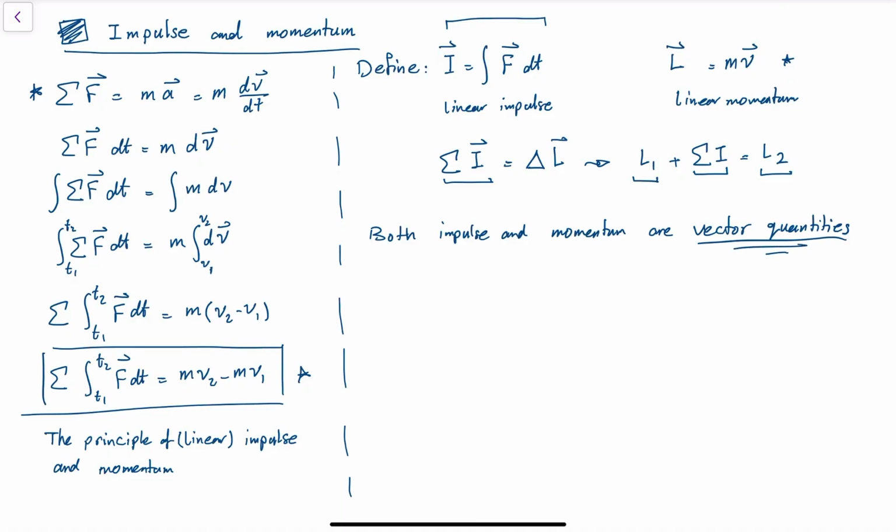So it is important. We are back to the vector domain. For a short while, we took a detour into the scalar domain when we were talking about work and energy, but we are back to vectors. So mind that for both the impulse and momentum, you have to consider the directions as well as their magnitude. Something very important to remember.